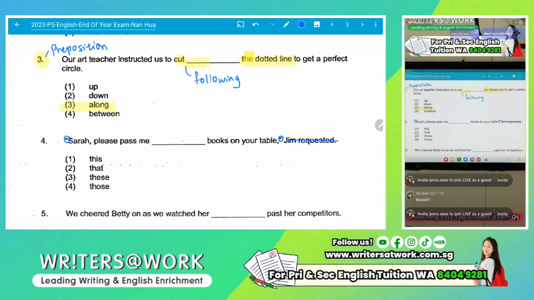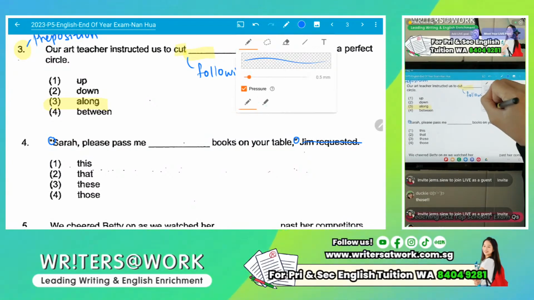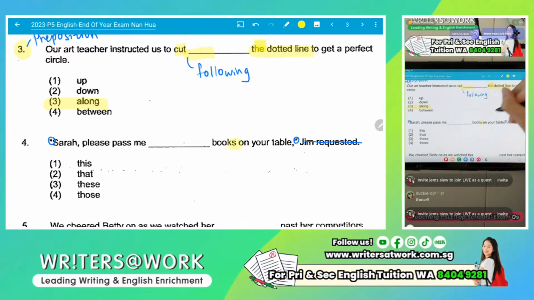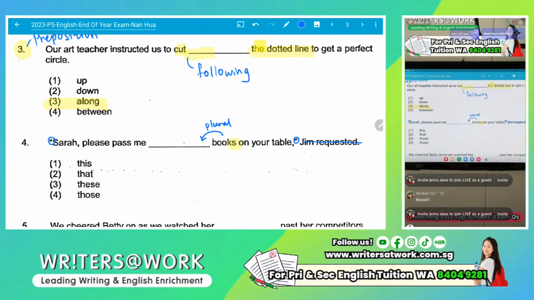So let's just focus on what we have over here. Sarah, please pass me blank books on your table. Firstly, we see books as our object over here, right? Books tells us it is plural. And since it is a plural, we can safely eliminate options 1 and 2.